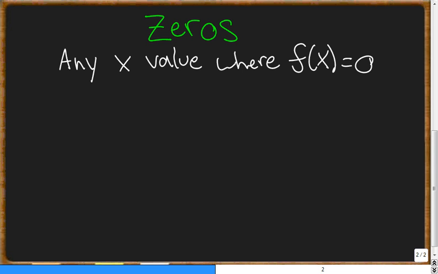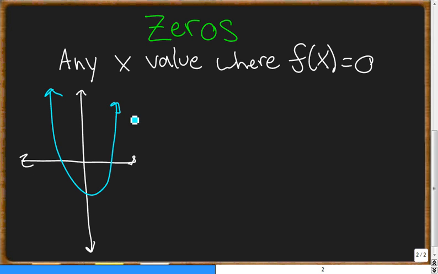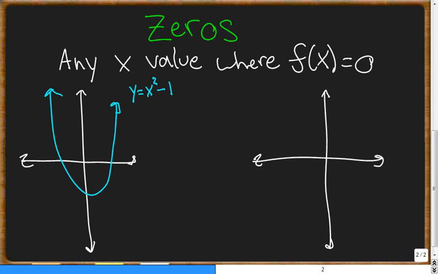So, for example, say we have y equals x squared minus 1, and y equals x squared plus 1. Our zeros are very different.